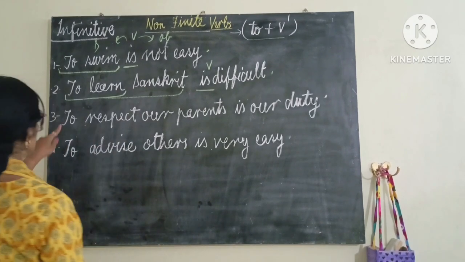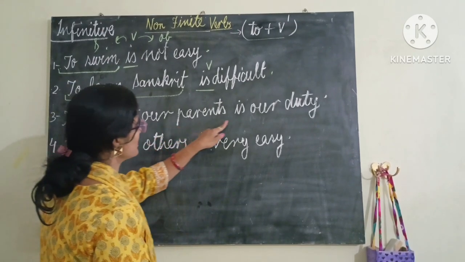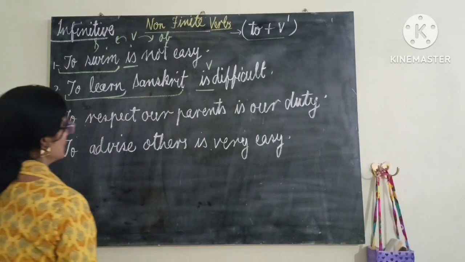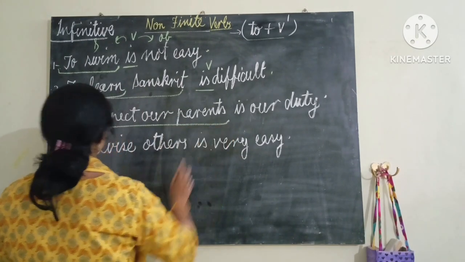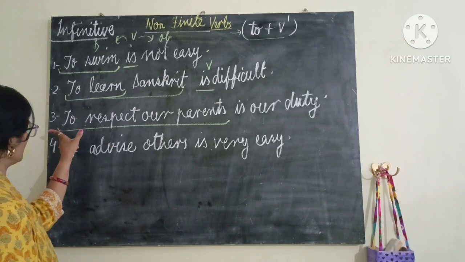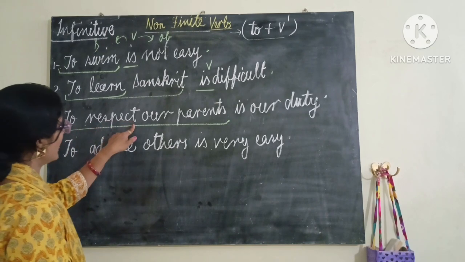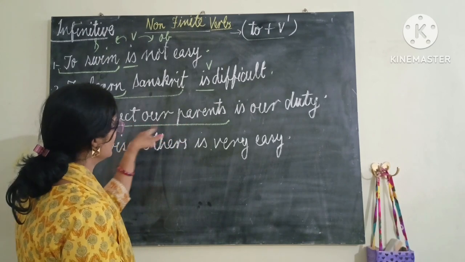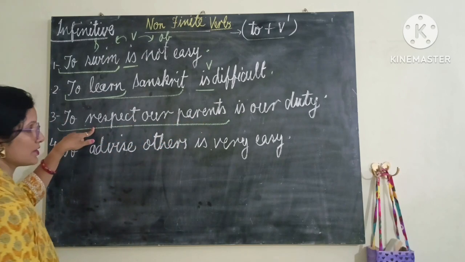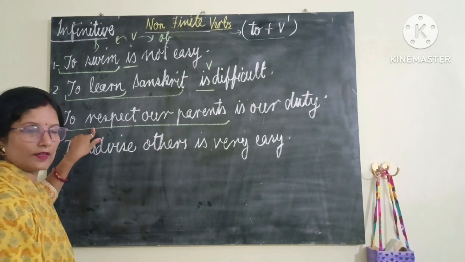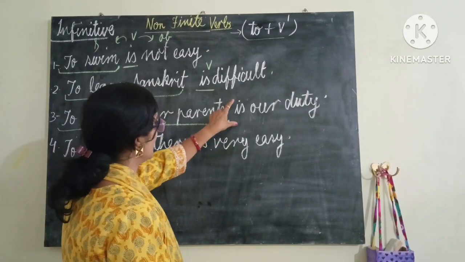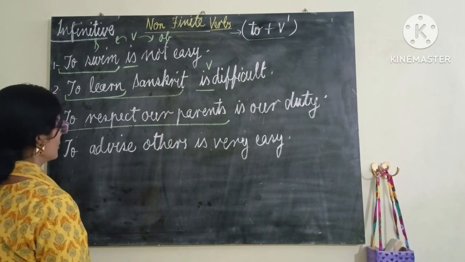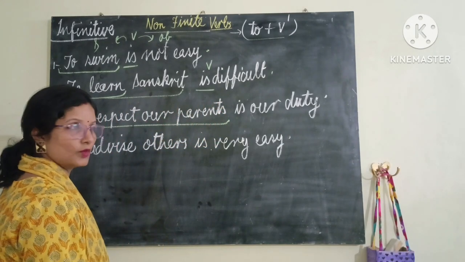Now next sentence. To respect our parents is our duty. What is the subject? To respect our parents. To plus V1, this much only: to respect. But after that, a few words are written here that we will take as an infinitive phrase. But this is the subject only, because before the verb, the whole part is called the subject.